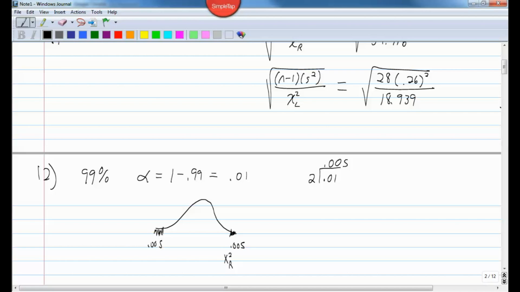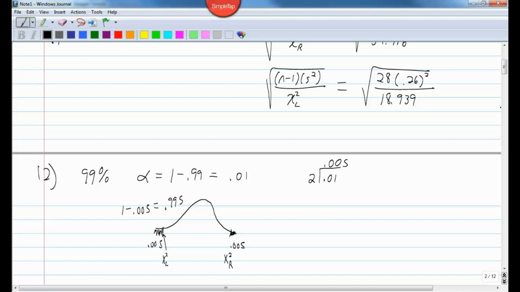And then to find the left critical number, chi-squared sub L, I need to go to my chi-square distribution critical value chart and use an area of whatever's to the right here. So it's 1 minus 0.005, or 0.995. Those are the 2 values that I'll use in my table to get my right critical number and my left critical number.